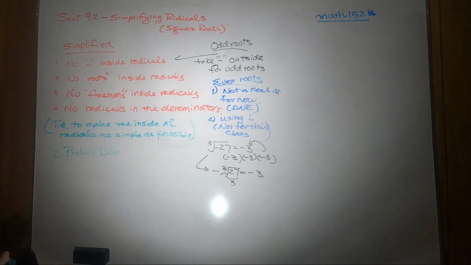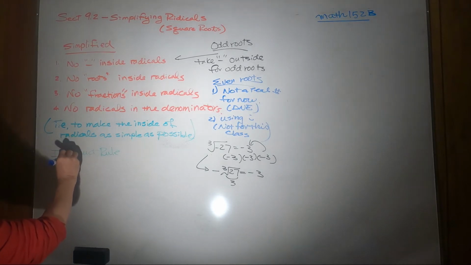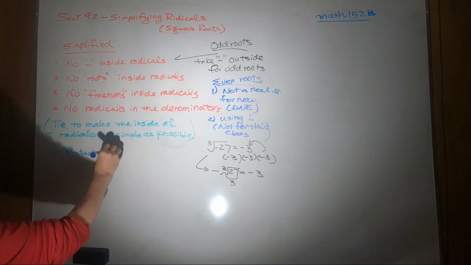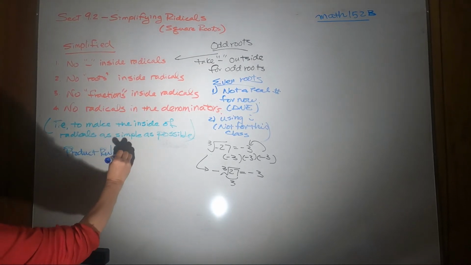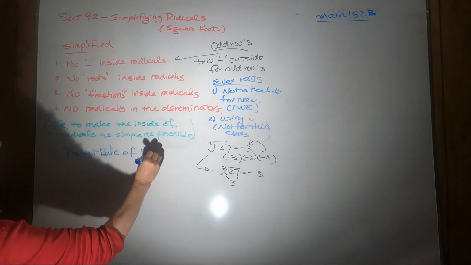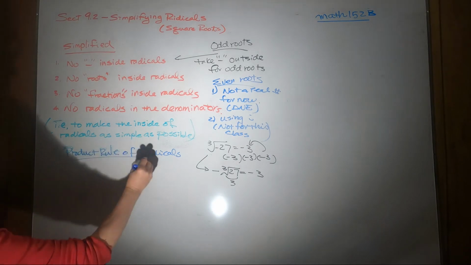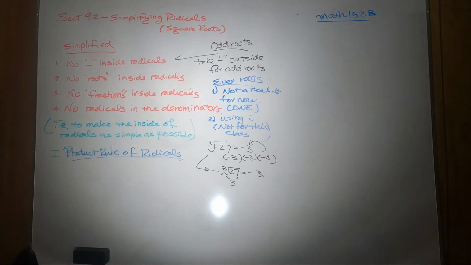It's hard to see the green, right? So we want to see the product rule of radicals first, how to operate the radicals. It has such a characteristic.